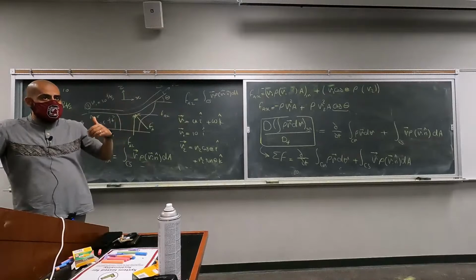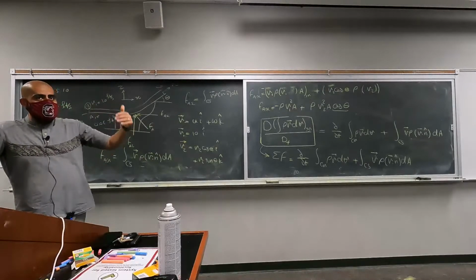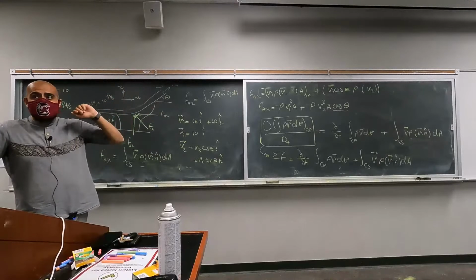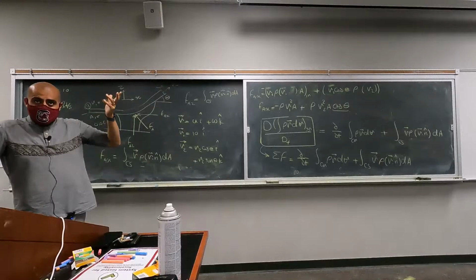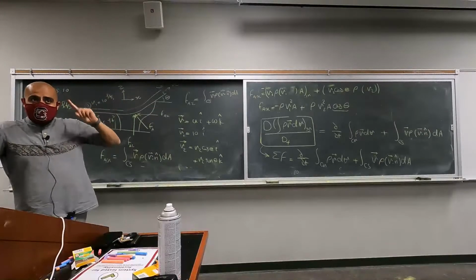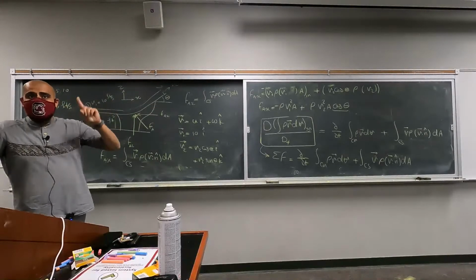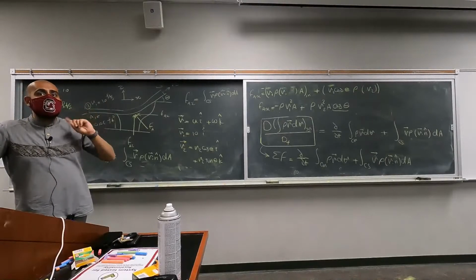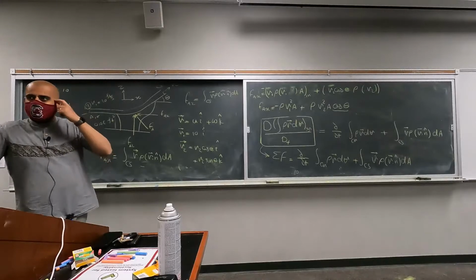Rhos are equal, so A1 V1 equals A2 V2, right? Area is also the same, which means that the magnitude of V2 equals the magnitude of V1. Their direction is different, but the magnitude is going to stay the same. Does this make sense, based on conservation of mass?